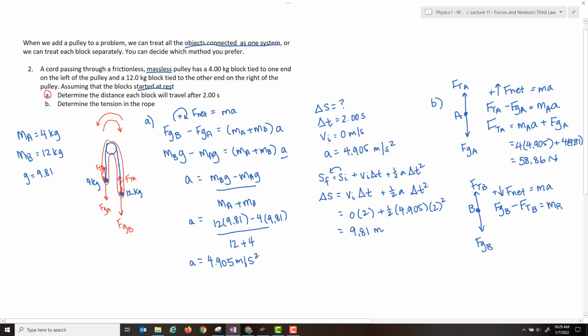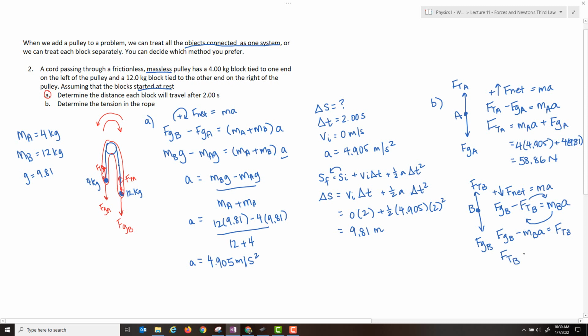The mass, we're referring to object B in our free body diagram, so it would be mass of B times the acceleration. So we should be able to solve for F tension B. We'll bring F tension B to the other side and MBA to the other side. So we'd have FGB minus MBA is equal to force of tension for B. So I'm just going to write it in the other direction.